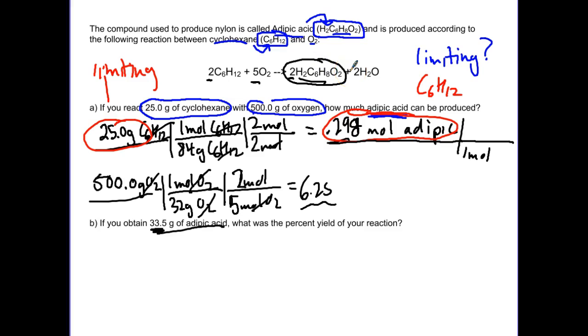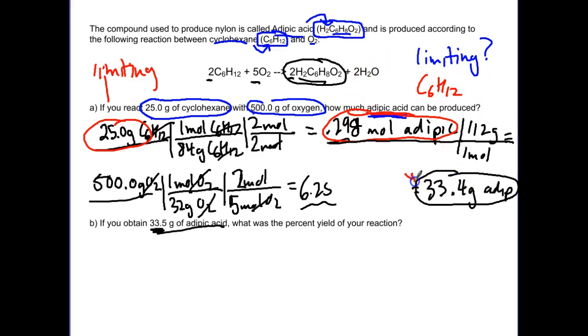The molar mass of that is 112 grams. So if I do the math, that's going to be equal to about 33.4 grams of adipic acid. So that's the maximum amount that can be produced.